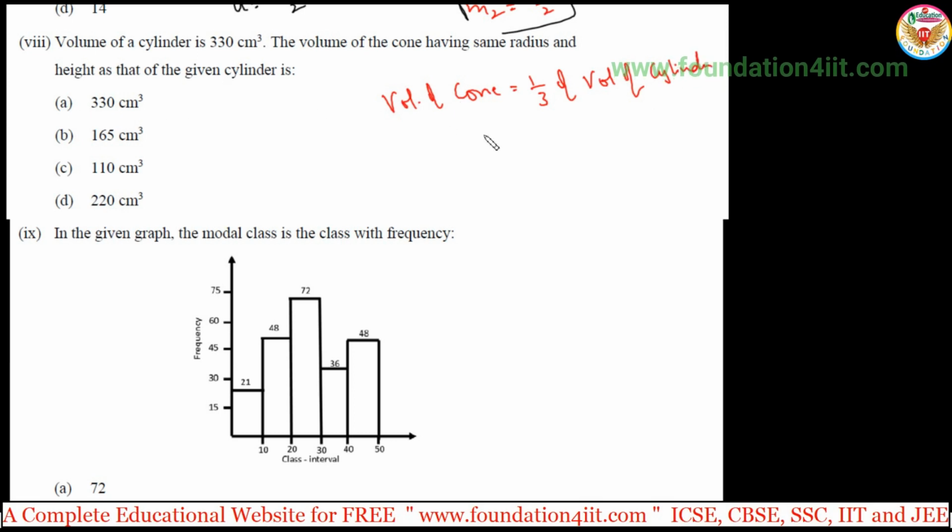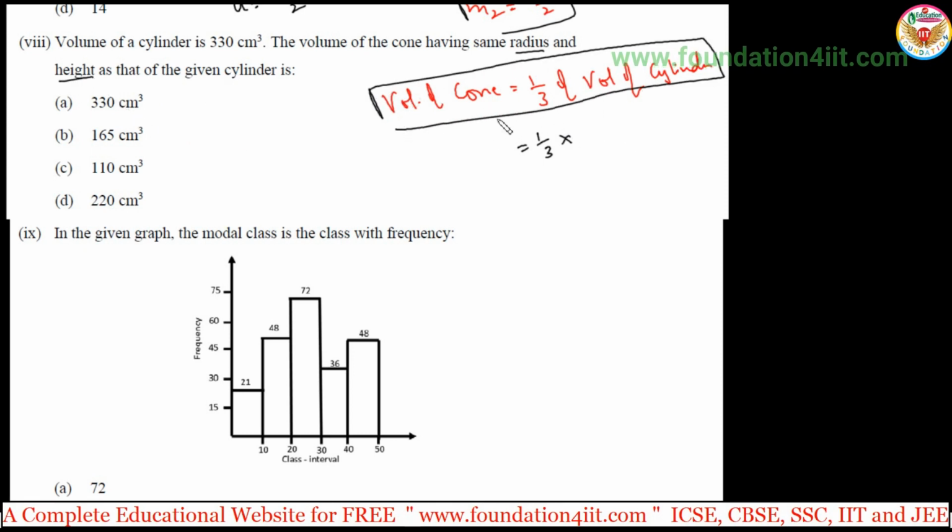The volume of the cylinder is given, the radius and height are the same, they mentioned. In that case, volume of the cone is 1 by 3 into 330, which is 110 cubic centimeters. Option C.